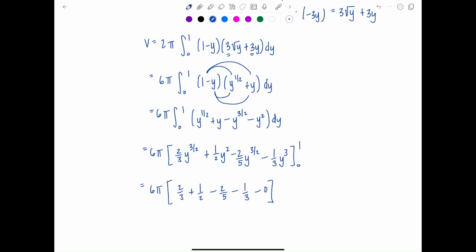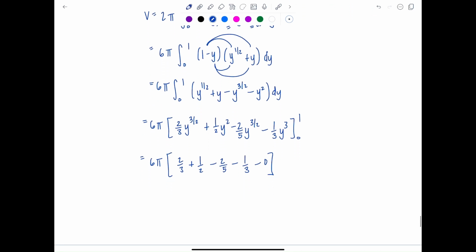And what's my common denominator? 15. So 6 pi times, if I multiply that by 5, that's 10. No, not 15. Heavens to Betsy. This 1/2 means my common denominator is 30. Yeah, 30. Okay, so times 10. 20 plus 15 minus 12 minus 10 over 30.